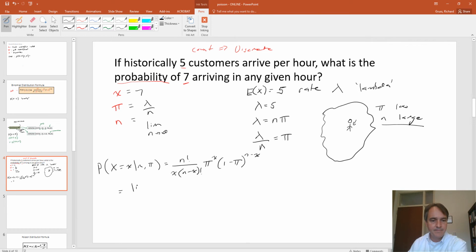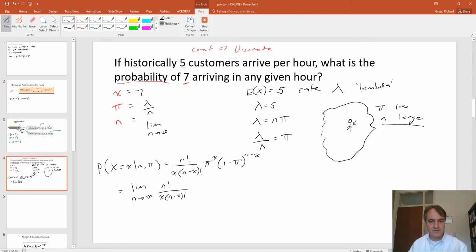the limit as n goes to infinity of this. Since we're doing a limit here, we can do the limit of this and then substitute in the pi's over here. So the limit of n factorial over x factorial times n minus x factorial.